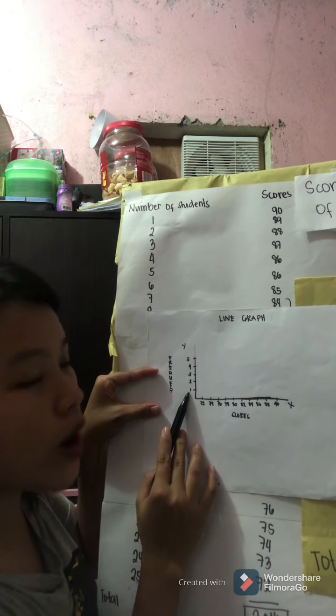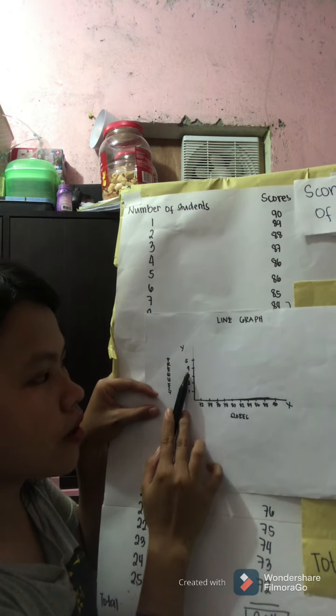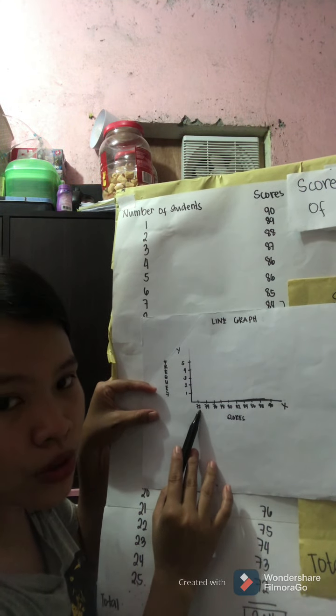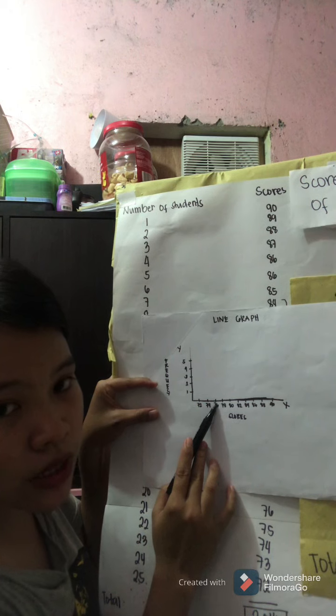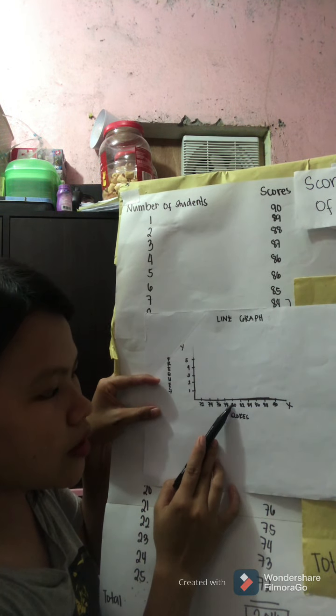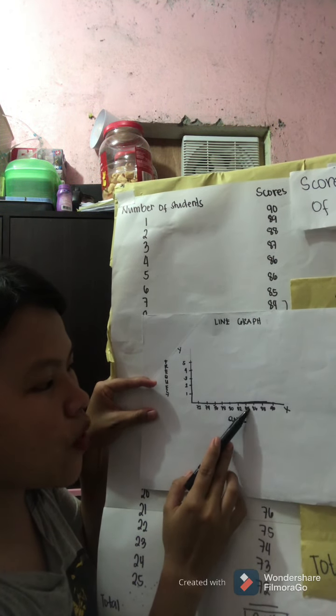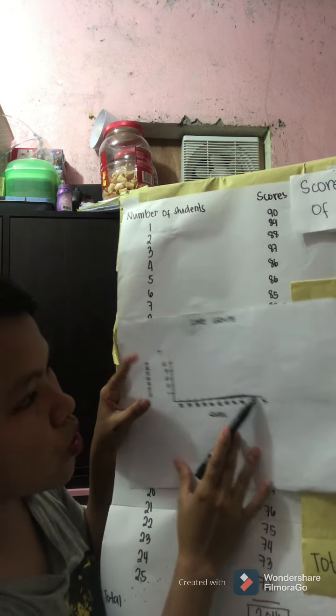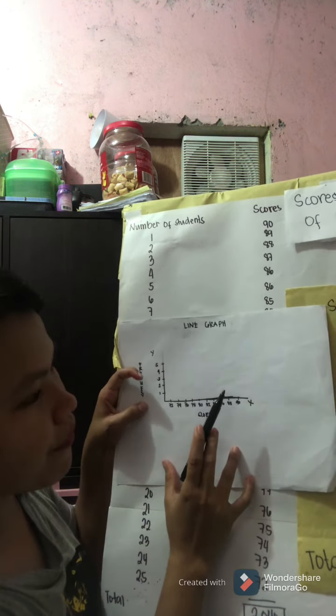We have the frequency 1, 2, 3, 4, 5. In our scores, we have 72, 74, 76, 78, 80, 82, 84, 86, 88, 90. So let's start to graph.